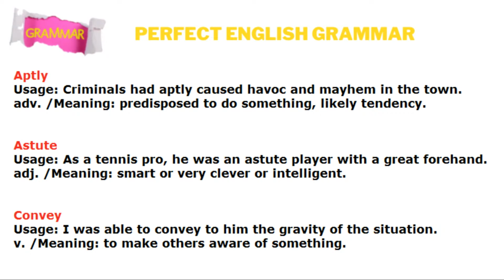Also, we have astute. Usage: as a tennis pro, he was an astute player with a great forehand. Adjective meaning smart, very clever, exact, or intelligent. And then the word convey. Usage: I was able to convey to him the gravity of the situation. Verb meaning to make others aware of something.